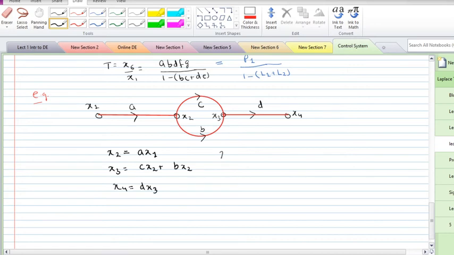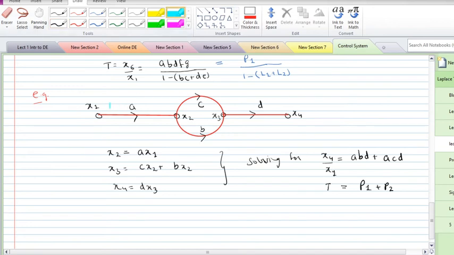So solving for x4 divided by x1, we have ABD plus ACD. You can write it like this because here there are two possible forward paths.